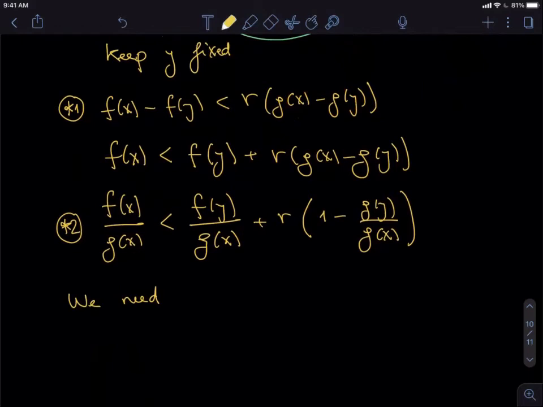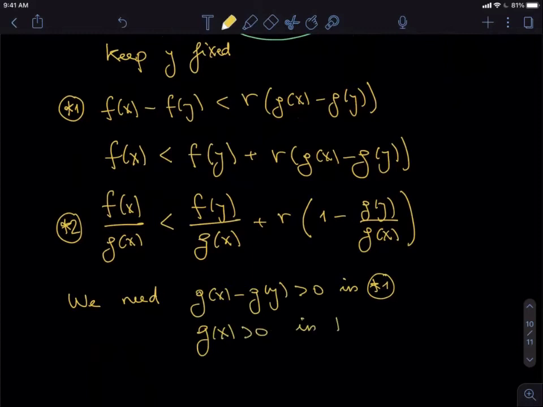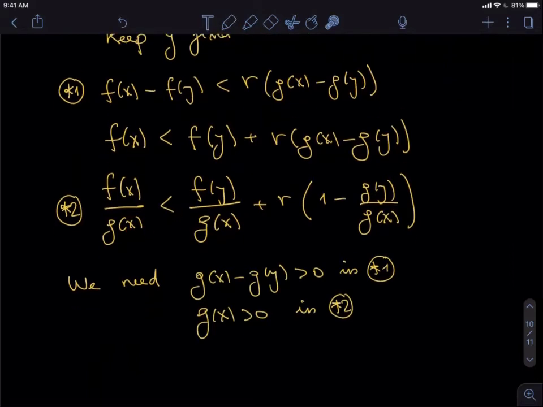So we need g(x) minus g(y) positive in star 1, and we need g(x) positive in star 2 for the same reason.